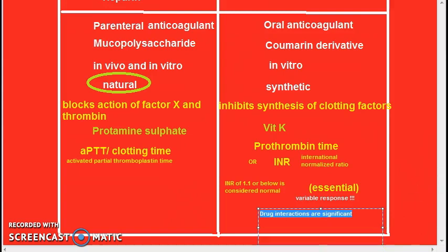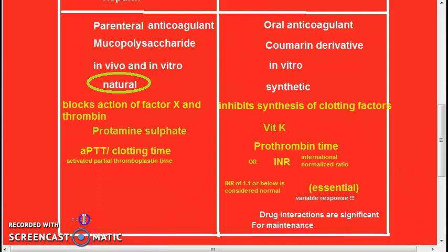For warfarin, the drug interactions are significant and you usually use it for maintenance. Warfarin is used for maintenance. However, heparin is used for initiating therapy. Okay. Is this much clear?